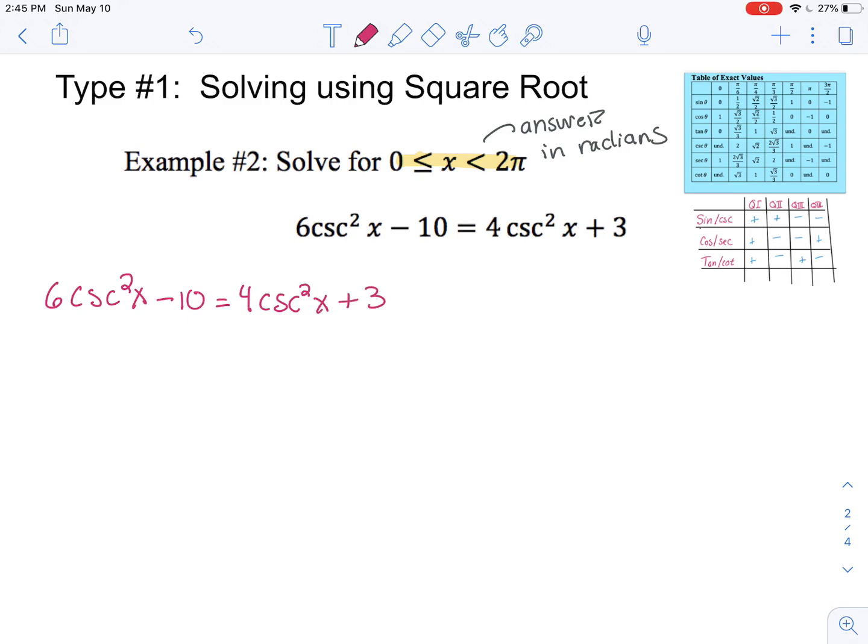I'm going to subtract 4 cosecant squared x, so I will get 2 cosecant squared x minus 10 equals 3. I'm trying to get the cosecant squared by itself, so I'll move the 10 over.